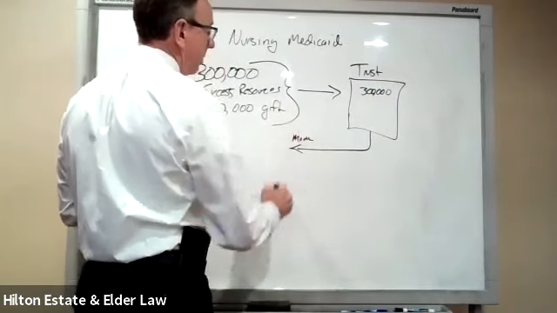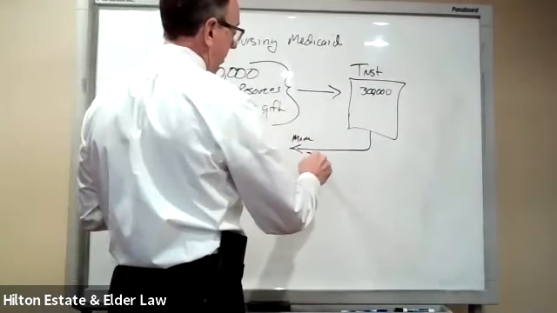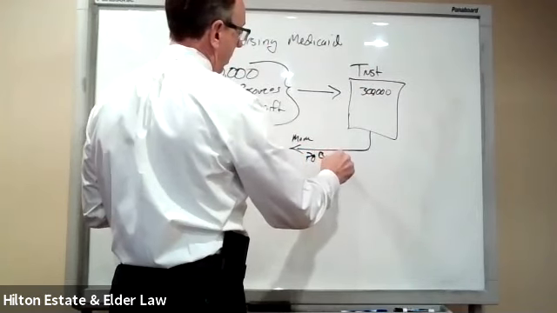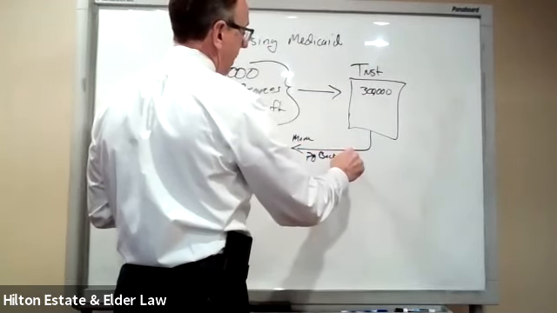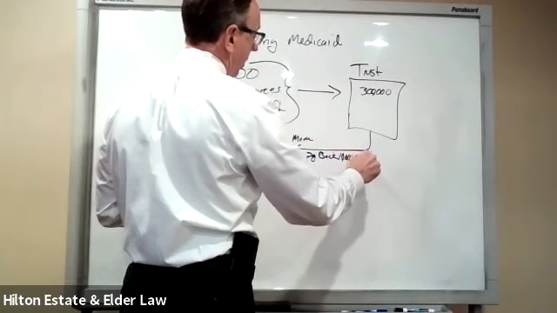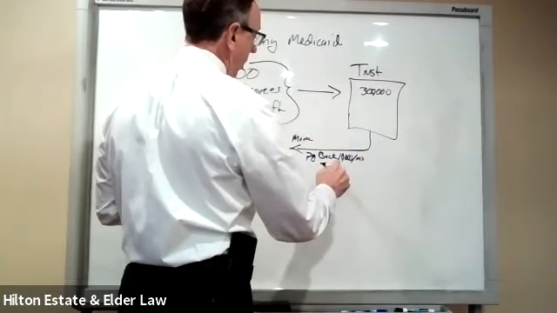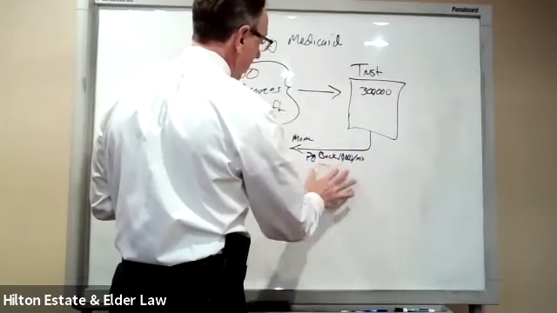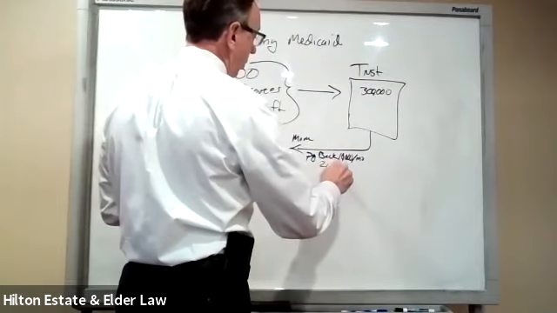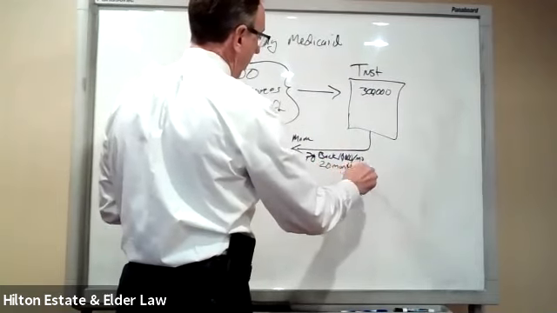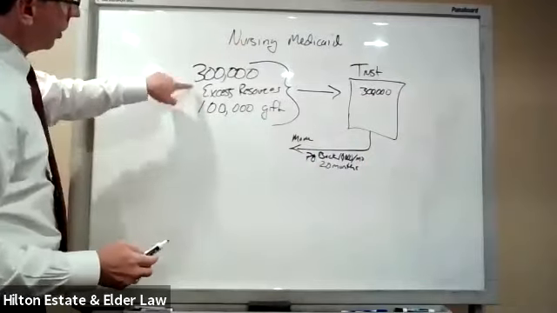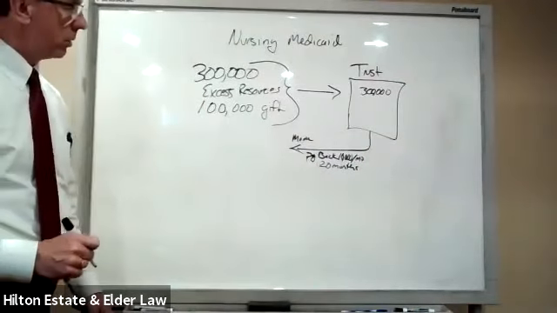Mom's in the nursing home. Pay mom back roughly $10,000 a month for not 30 months, 20 months. About half of the 400,000 that was transferred.